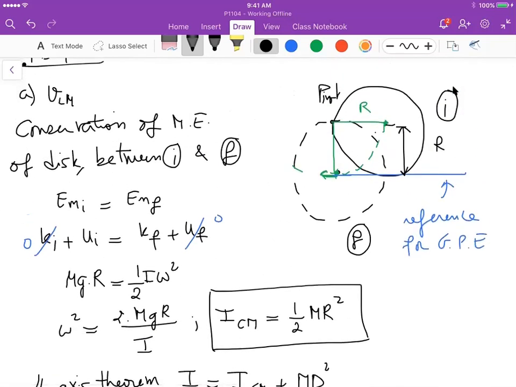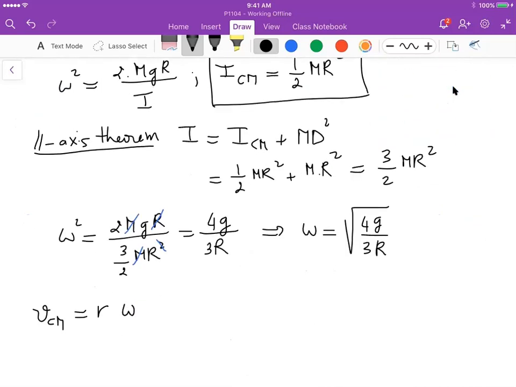The center of mass moves on a circle of radius r with respect to the axis of rotation, because the center of mass is at the middle of the disk. So v center of mass is r multiplied by the square root of 4g divided by 3r.